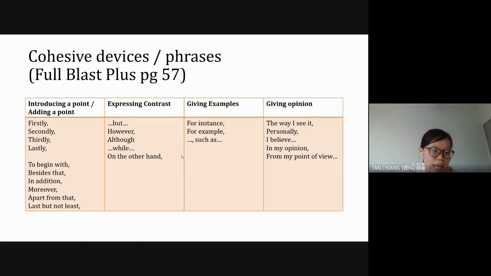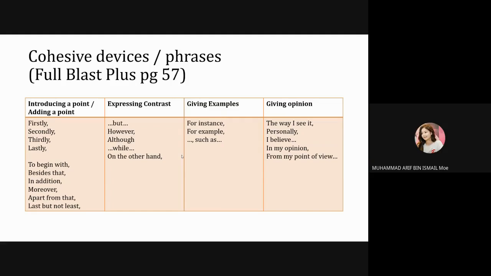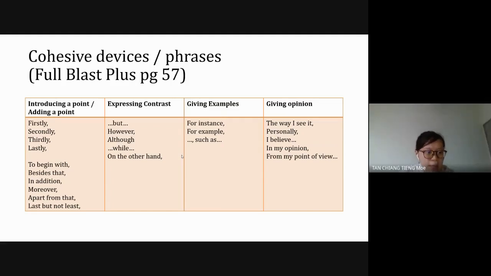Okay, can you give me another one in English that also means tambahan pula or selain itu? Besides. Okay, besides. Any other that you always use in your essay? Therefore.